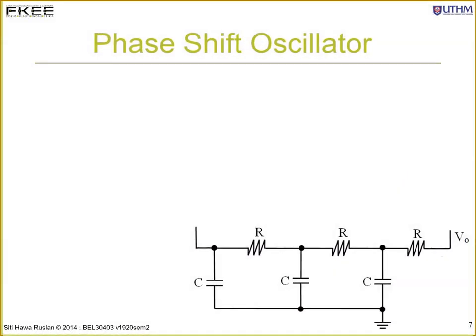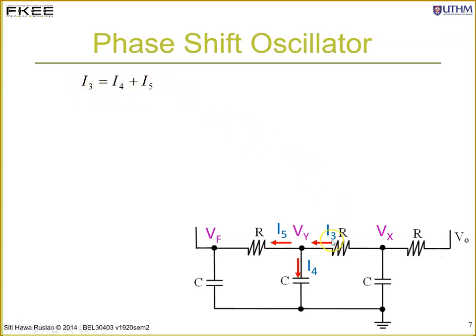And next is at another node, which is over here, the current will be I3 entering the node, leaving the node will be I4 and I5. So using the Kirchhoff current law, I3 equals I4 plus I5. Substitute this I3, I4 and I5.